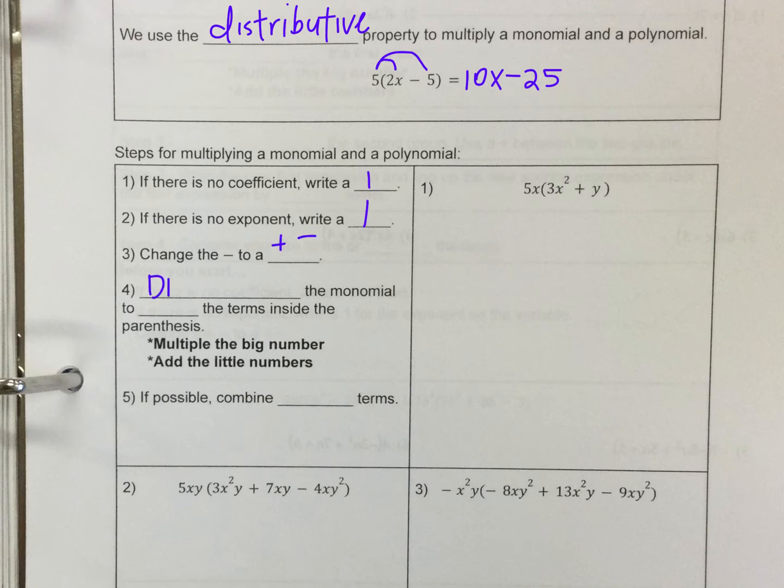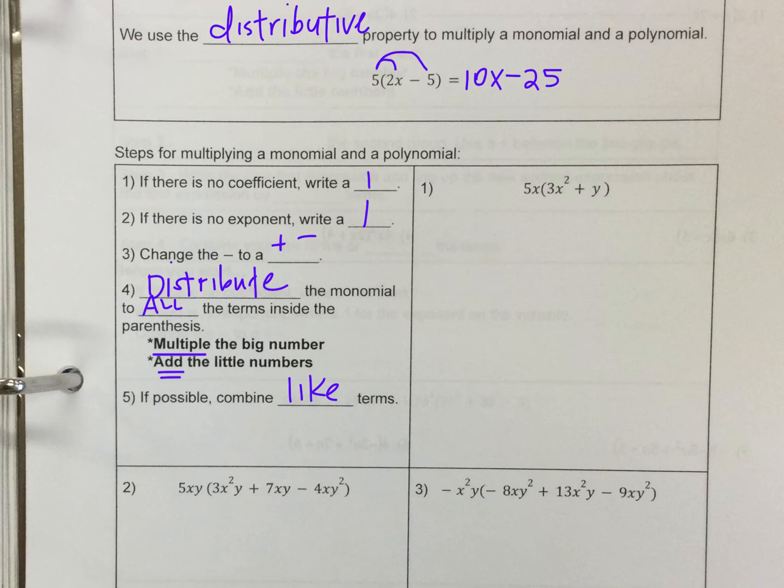Then we'll distribute the monomial to all the terms inside the parentheses. And we'll do that by multiplying the big numbers and adding the little numbers. If possible, we'll combine the like terms. And as we do this, it will make more sense.